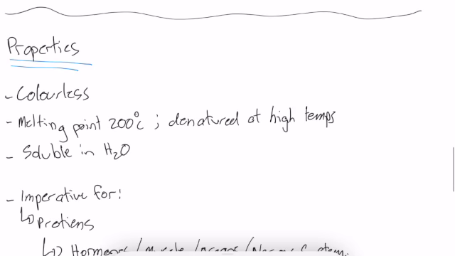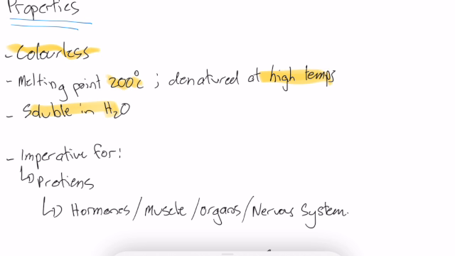So properties of amino acids, we know that they are colorless. They have a fairly high melting point of 200 degrees, with them being denatured at those high temperatures, so losing the structure that they have. We know that they're soluble in water, and we know that they are imperative for proteins.